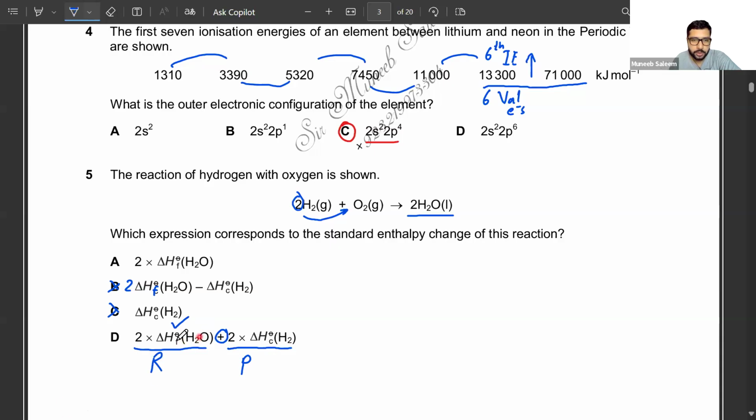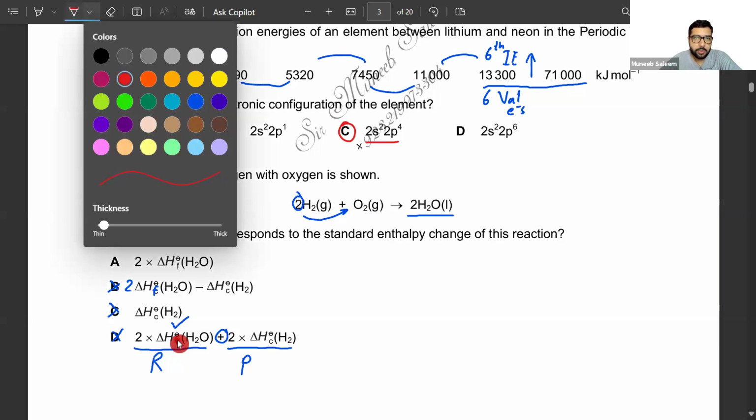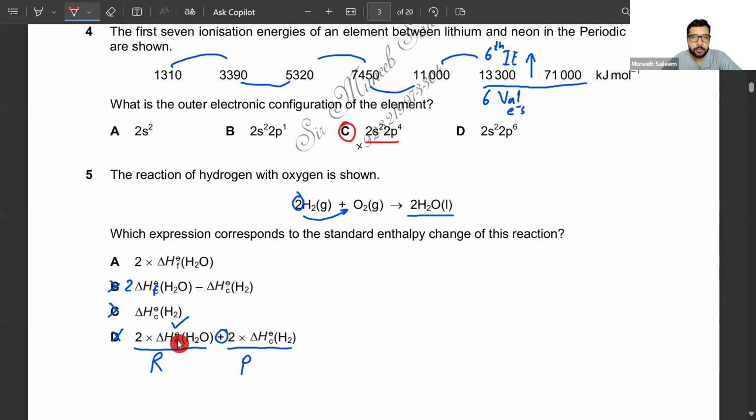But in the D option, they have mentioned both sides, so that is wrong. And the A option says it is the enthalpy of formation of water by 2 times. So yes, that is correct. We have water formed on the product side and there are 2 moles of water formed, so the enthalpy of formation of water is multiplied by 2. That's why A is the correct option.